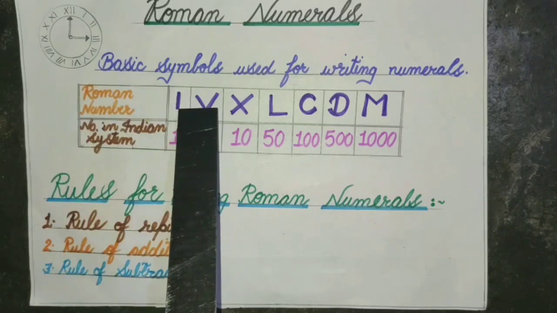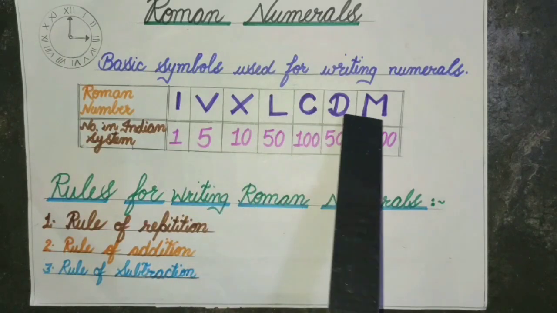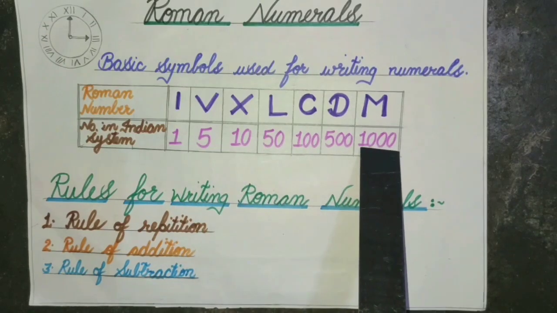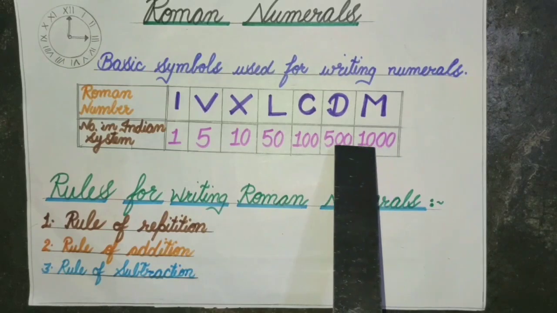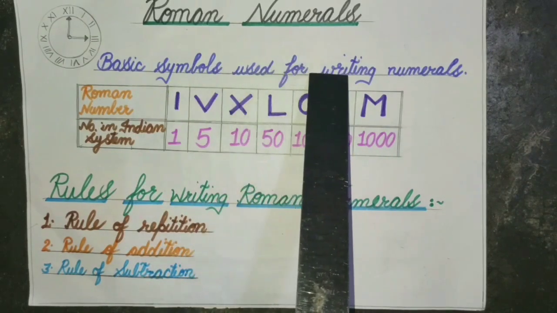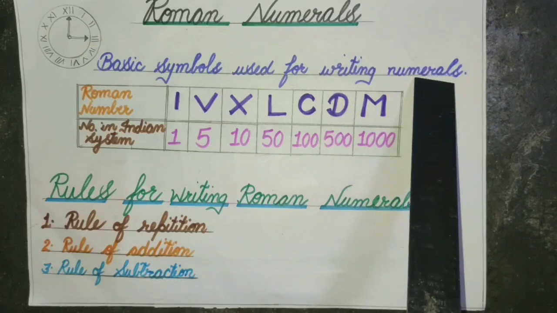Here we are using a few letters in Roman numbers instead of the numbers which we use in the Indian system. So let's study the basic symbols which are used for writing the numerals. Clear?